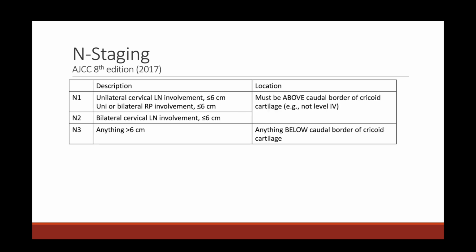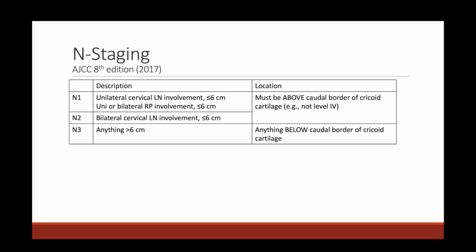The N staging for nasopharyngeal cancer is also a little bit simplified compared to what we have reviewed for other head and neck disease sites. So there's only N1, N2, and N3. There's no N2A, N2B, and so on. It's just N1, N2, N3. So N1 is anything that's unilateral, less than or equal to 6 centimeters, and above the caudal border of the cricoid cartilage. So in other words, you can't be a level 4 because remember that is below the caudal border of the cricoid cartilage.